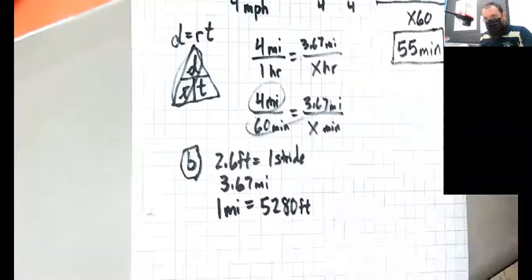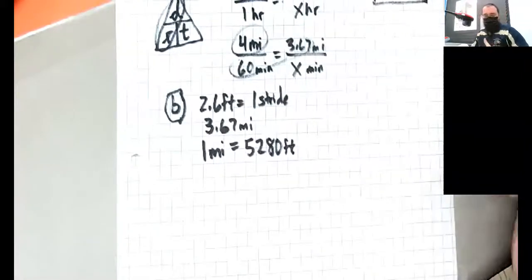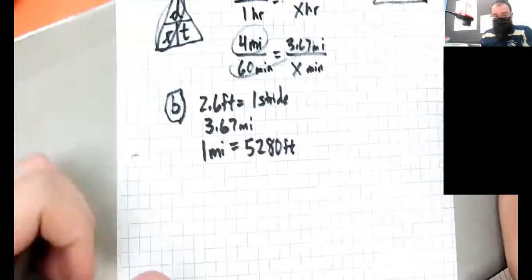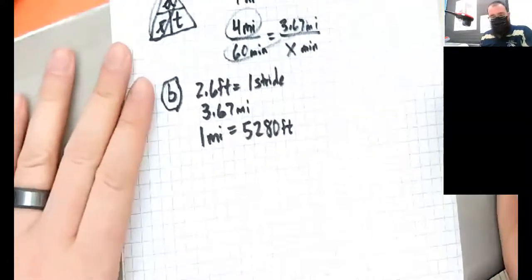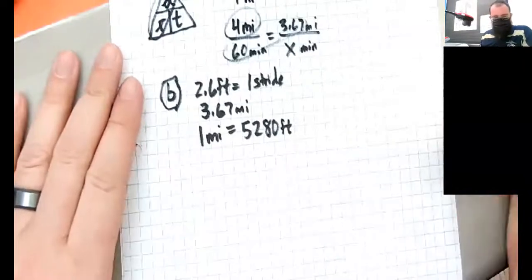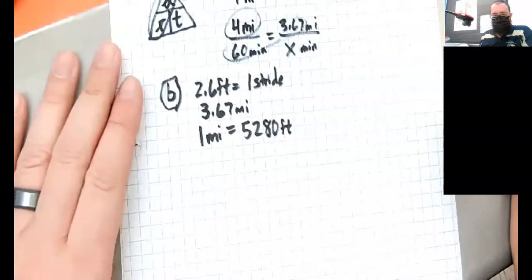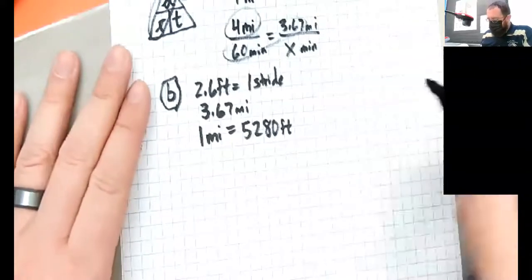Now you can use the cross multiplying thing like I said. I want to show you a method that I like to use the most, and it's like this little kind of table I set up. This is the way I learned it, I think, in my chemistry class, and I've always used it since.